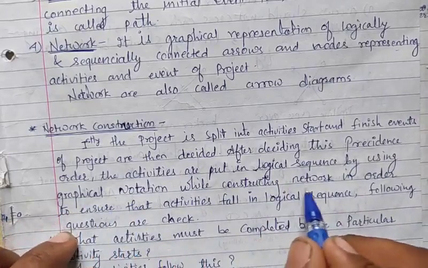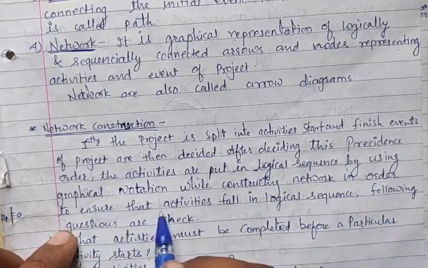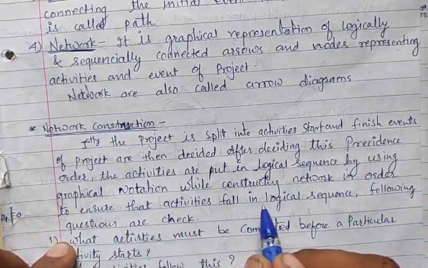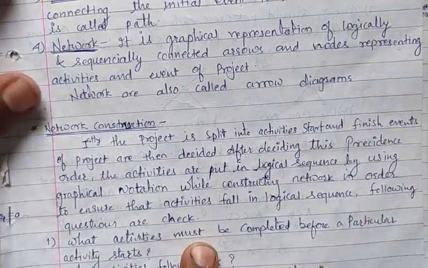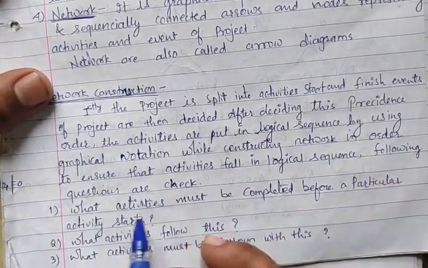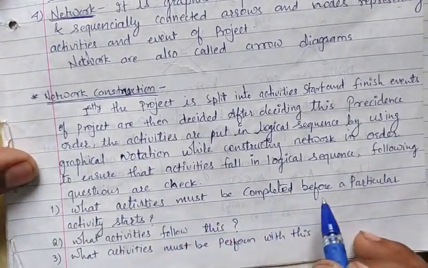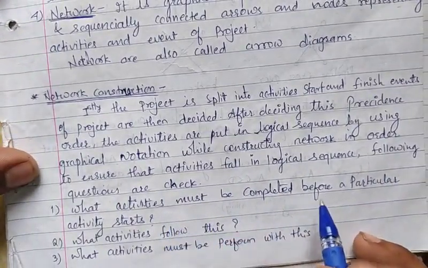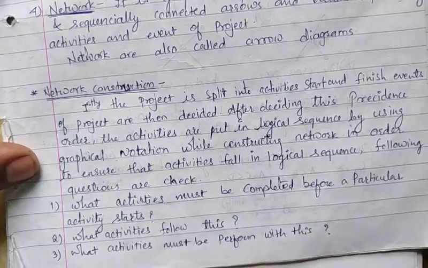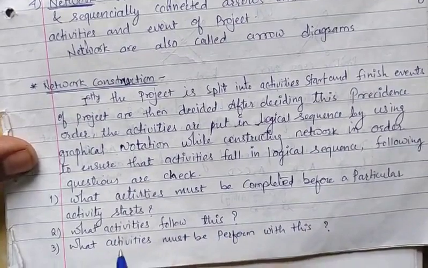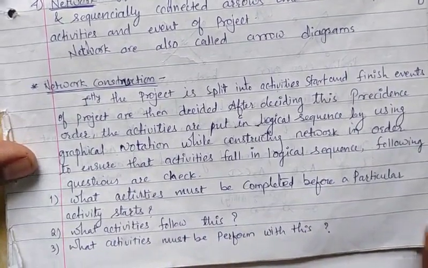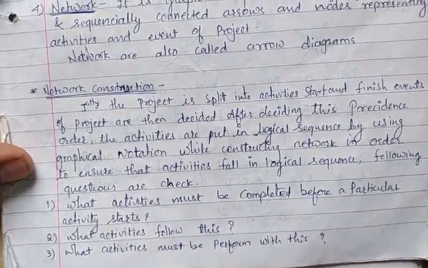While constructing a network, in order to ensure that activities fall in logical sequence, the following questions may arise. What activity must be completed before a particular activity starts? What activity follows the given activity? What activities must be performed together with this activity?